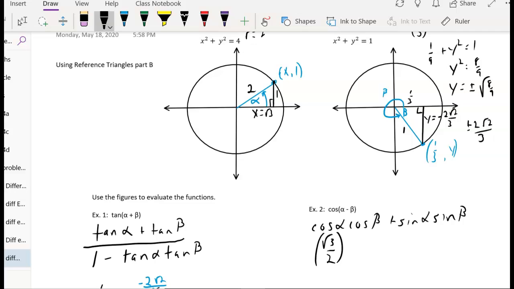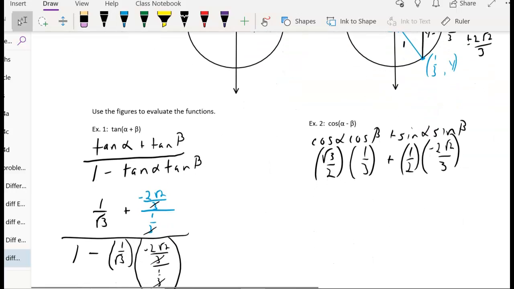Cosine of beta, we look over at the right triangle, and it's going to be 1/3 over 1, which is 1/3. Sine of alpha, we look back over at the left triangle, which is 1/2. And the sine of beta, we look back at the right triangle, which is going to be negative 2 rad 2 over 3 over 1, which is just negative 2 rad 2 over 3.